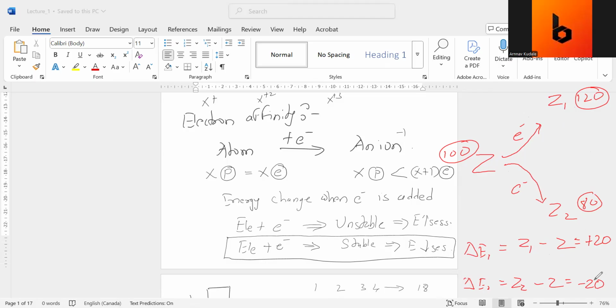So when it is negative, it is more stable, so the element is readily accepting the electron. But if the value is positive, that means the electron is not getting easily added. We are forcefully adding the electron.